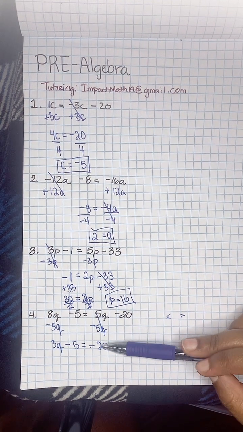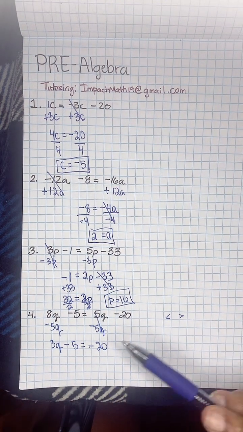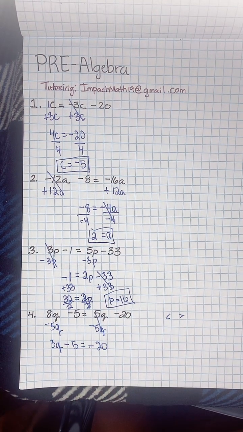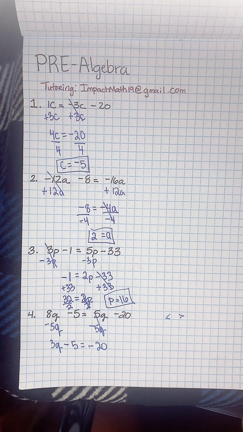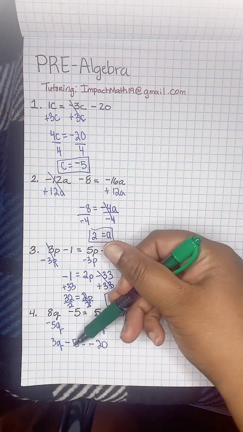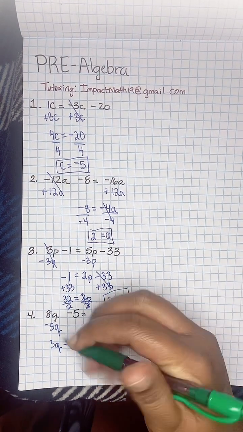Now, what do I have to move to this side? Can you guys put it in the chat for me? What must I move to this side? Claudia said plus 5. Wonderful. Yes, I see those 5s coming in. Since I decided to move the q, that forced me to move the 5 over here.